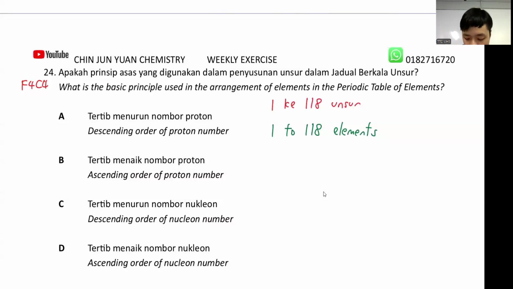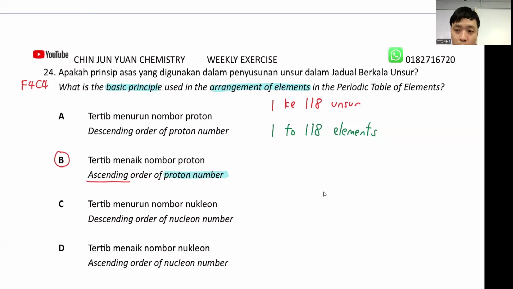And then 24 is Form 4, Chapter 4. Basic principle in arranging the elements in the periodic table. So, in our periodic table, we have 118 elements. How do we arrange them properly? In ascending order of proton number.